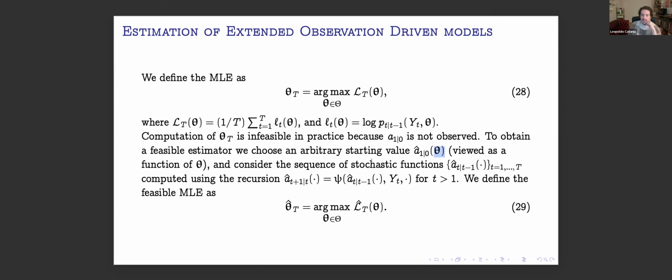And now the idea is that we want to assure that the difference between the stationary and ergodic likelihood function and the one initialized at our arbitrary point goes to 0 almost surely. And so we can do that. So this is what we can compute in practice.